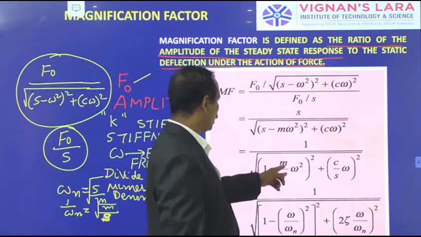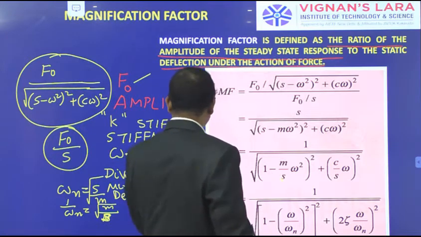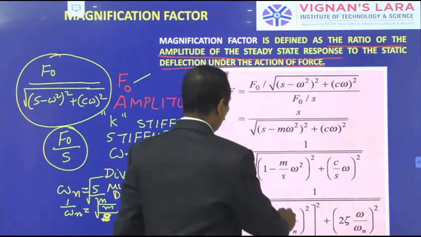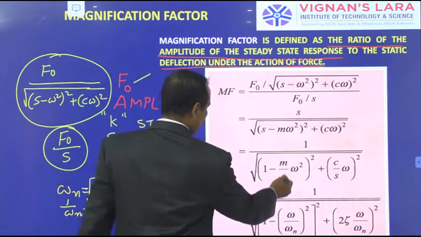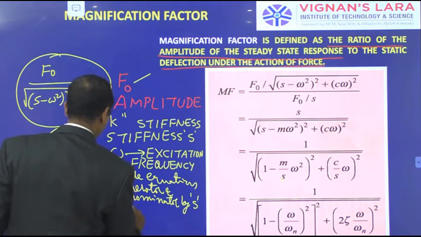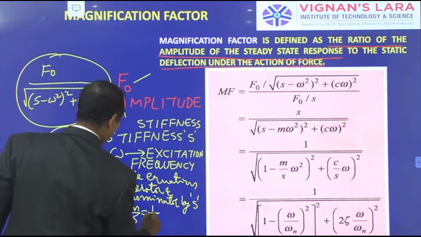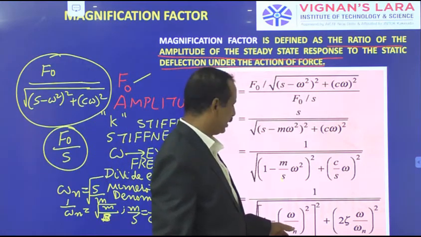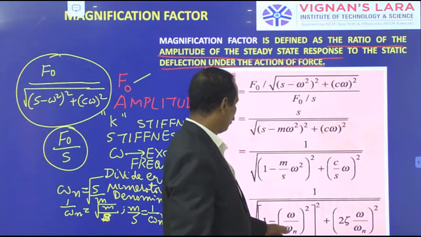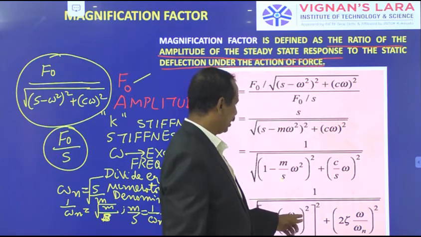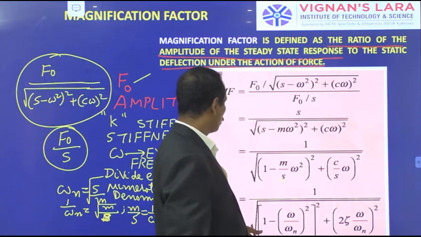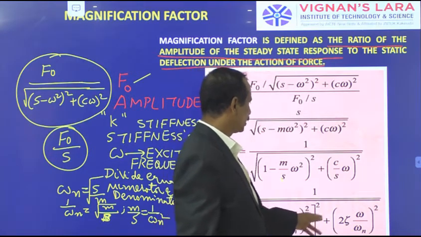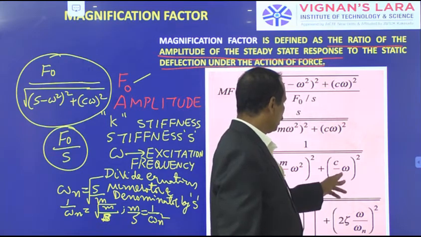So I can replace m by s with 1 by omega n square here. Then omega square by omega n square we can take as omega by omega n whole square. So we get the square root of 1 minus (omega by omega n) square whole square, plus c by s into omega.